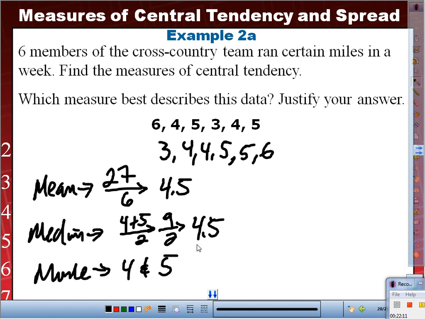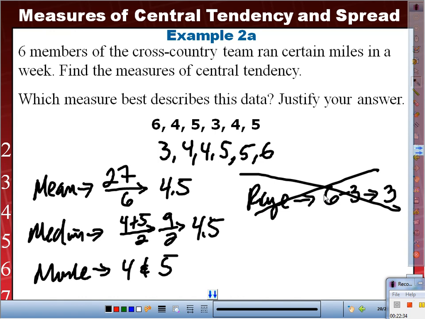Julian. Range. 6 minus 3. Hands if you got that. That is incorrect. This would be minus 1. Tell your neighbor why. What are they asking us to find?